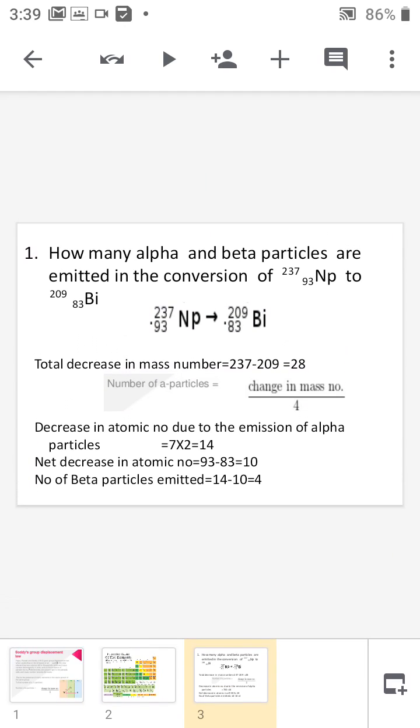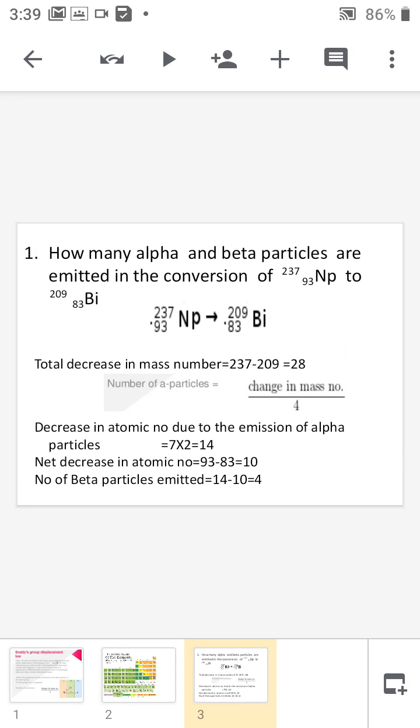Then we have studied that the total number of alpha particles emitted by a parent nuclei is calculated by the change in mass number of the parent to daughter nuclei divided by 4. Here the difference is 28 divided by 4, so we will get 7 as the answer. So 7 alpha particles are emitted by the parent nuclei.